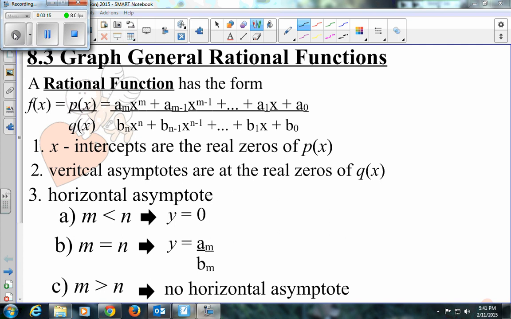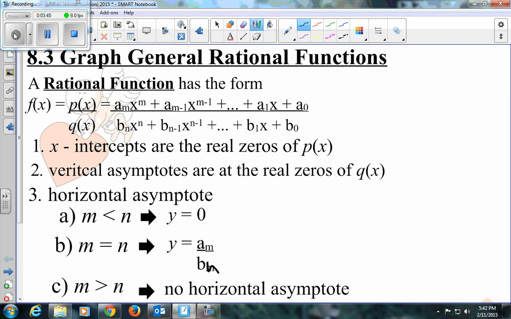If m equals n, if the degree of the top and bottom polynomials, the numerator and the denominator, are the same, then I take the leading coefficient of the top polynomial divided by the leading coefficient of the bottom polynomial, and y equals that number, that ratio, a sub m over b sub n.